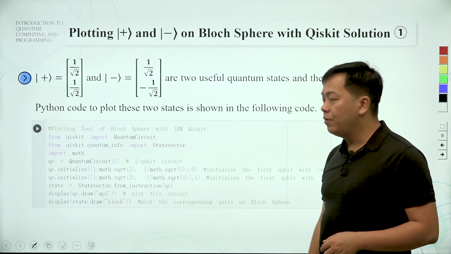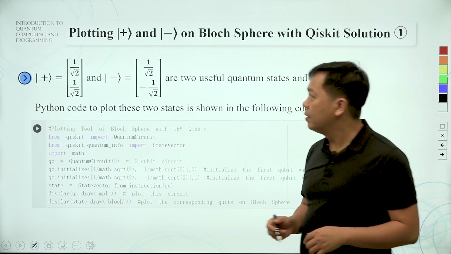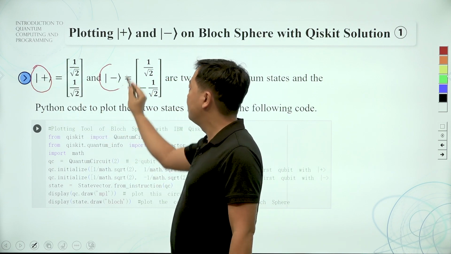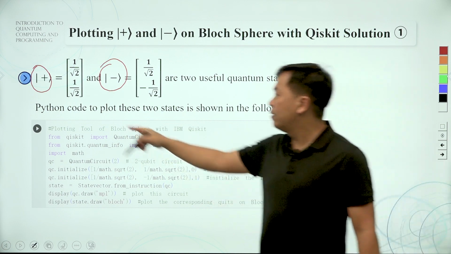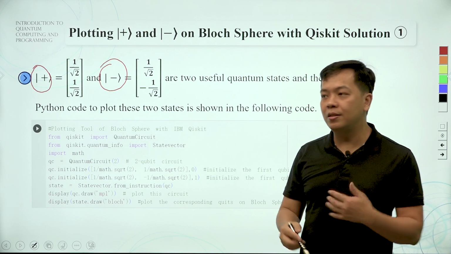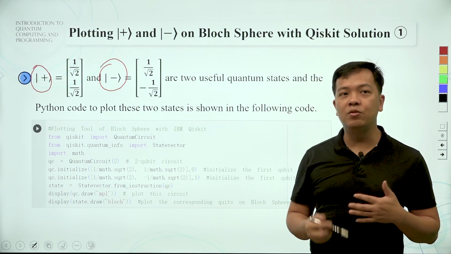Here is how you can draw the positive and negative. Remember, this is the vector, the value. But for this one, from the last lesson, I will not teach you how to prove it again. Over here, we only focus on how to draw.